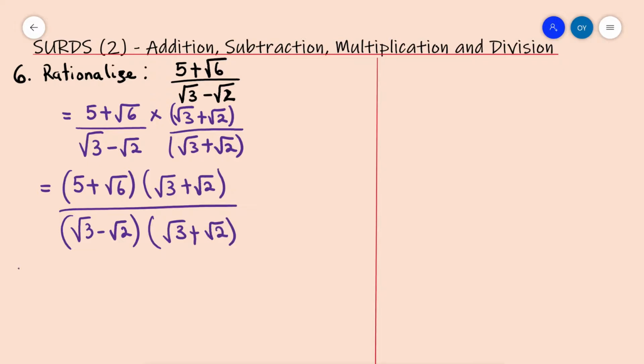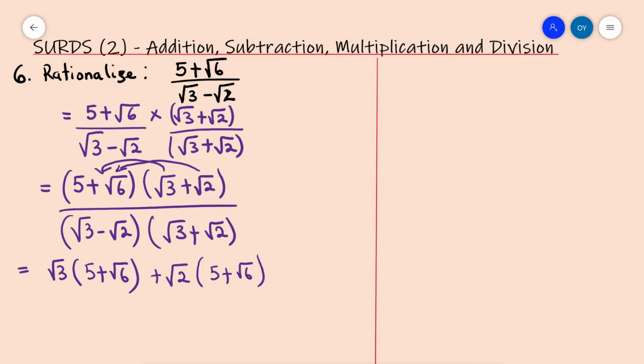Okay, so now we open the bracket. Remember here root 3 will multiply all of this, so we have root 3 bracket 5 plus root 6, then root 2 also multiplies all of this, so we have plus root 2 multiplied by 5 plus root 6, then all divided by the same thing here.